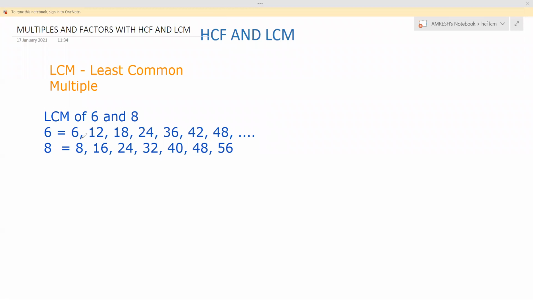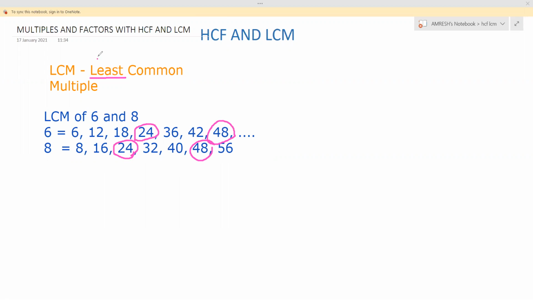See, first is your 24. Now is your 48. Check it. Yes, 48. So is 24 big or 48 big? 24 is big. Sorry, 48 is big. But you have to find the least common multiple.